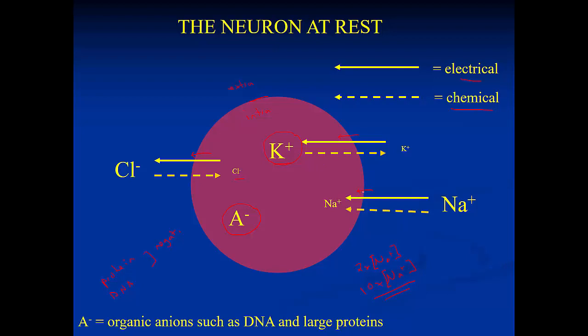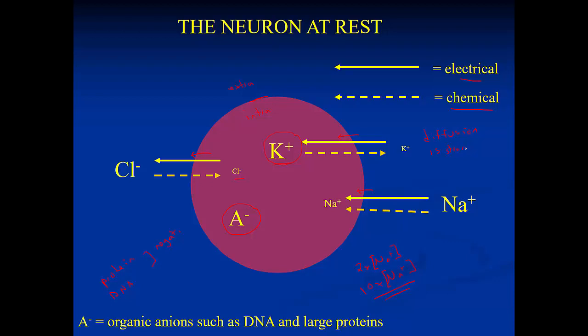Now it's interesting in a way, because if you look at potassium, the chemical gradient's going to drive it out. The electrical gradient's going to try to drive it in. So which way, if I just open up a channel, will potassium move? It turns out that this force of diffusion is much, much stronger.